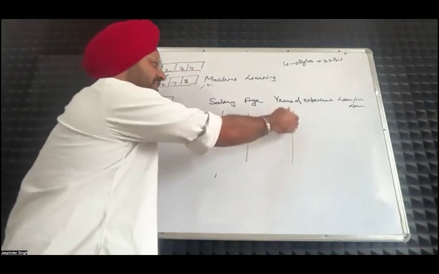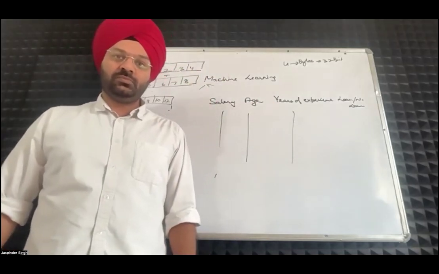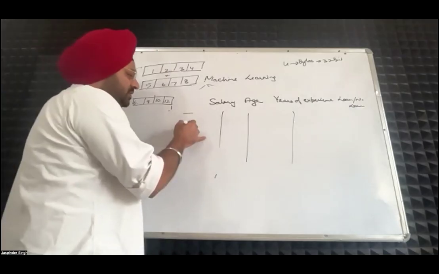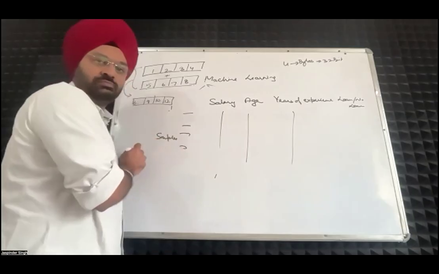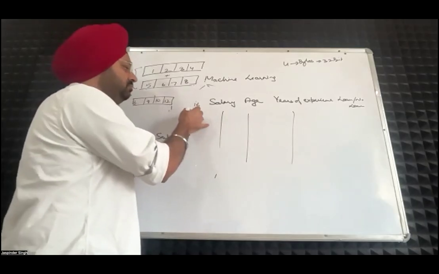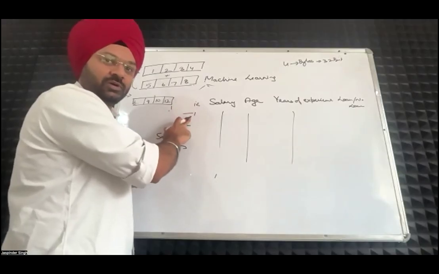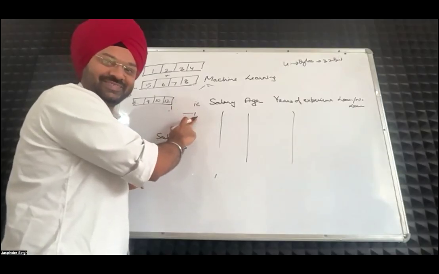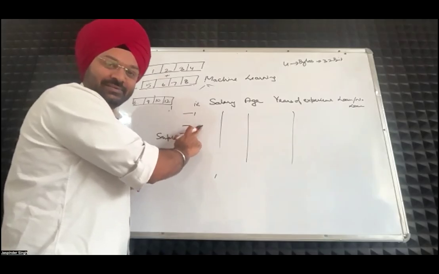He has a salary, he has age, he has number of years of experience. These are called samples. ID 1 or name, Omkar, who is looking at WhatsApp right now, is the first sample. Then Nitish, who is the next sample?